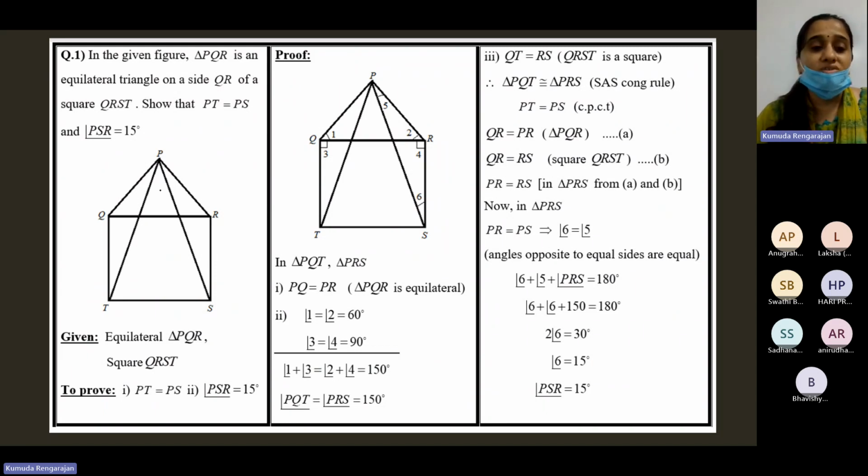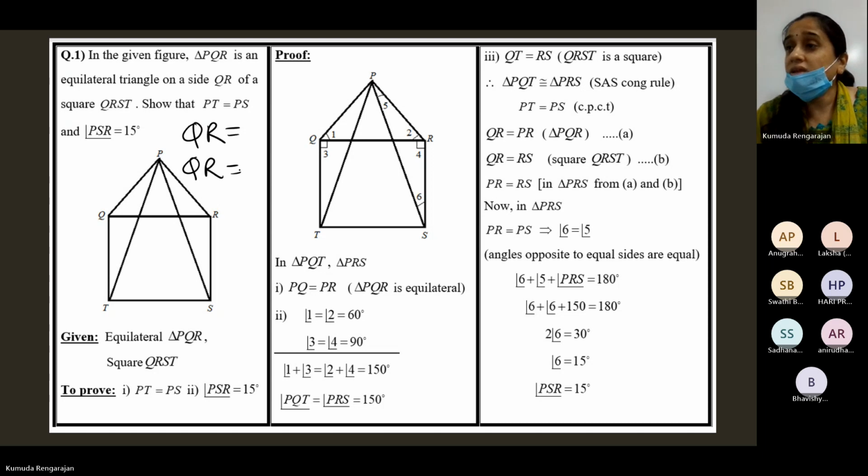This is how you need to present it. Which is that common side QR. Don't see the working here, children. Look at this one. QR is the common side, right? Write 2 times QR. QR is equal to that side which is common to the triangle and the square.